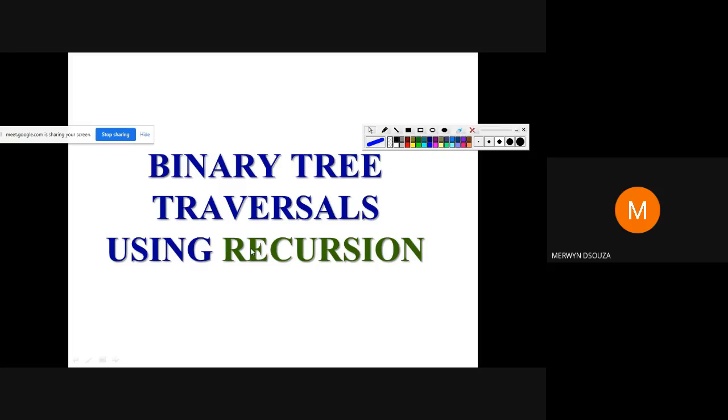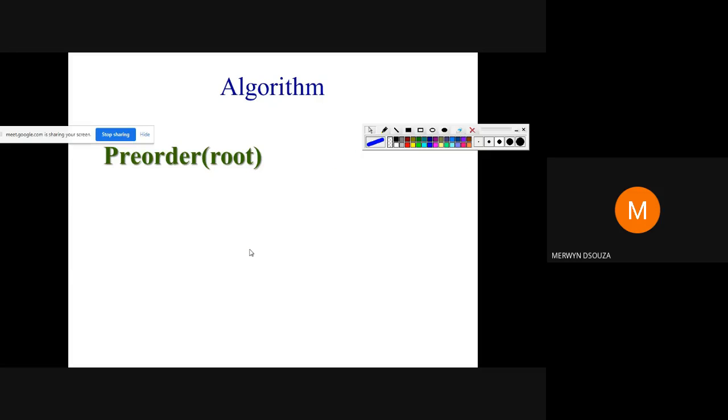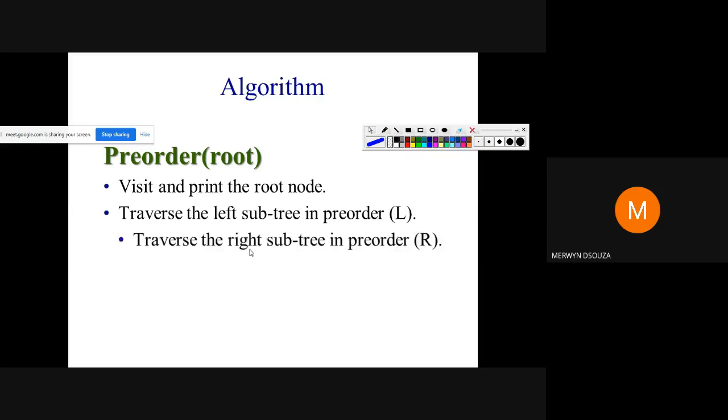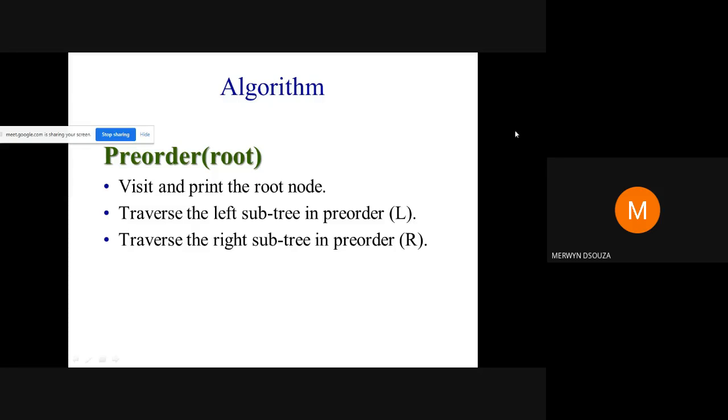Now let's look at how to do the traversals using recursion. You can just note down the steps. You're going to need the steps. You can write them down or take a screenshot, it's up to you.